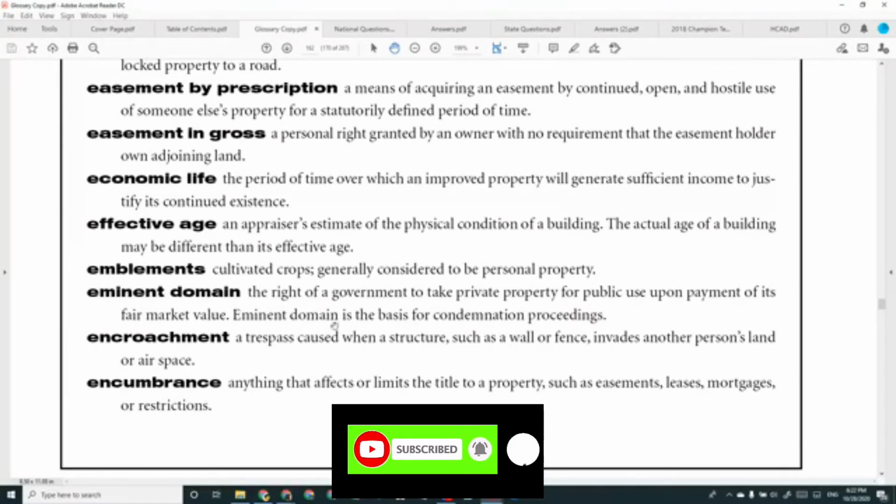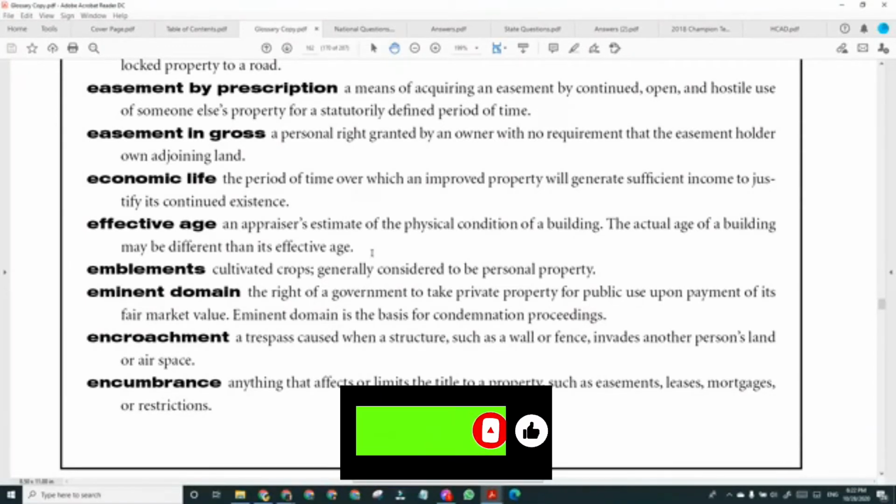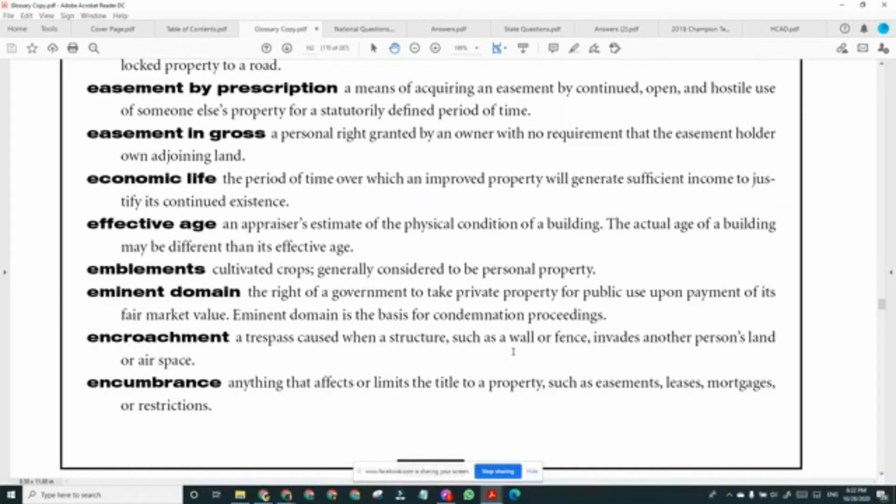So eminent domain, it means the government is going to need a piece of your land for public use. So they have to let you know that they need that piece of land, and they're going to offer you a fair market value. In order to get that piece of land, they go to court and they take action called condemnation proceedings.